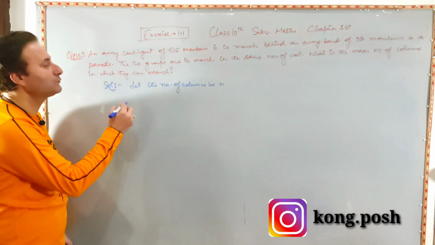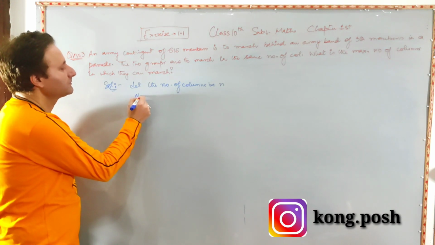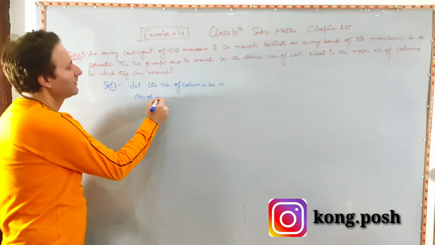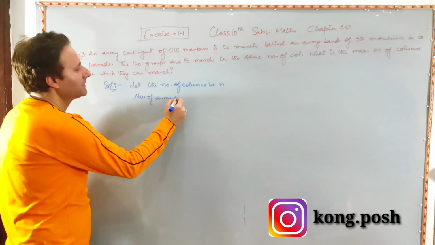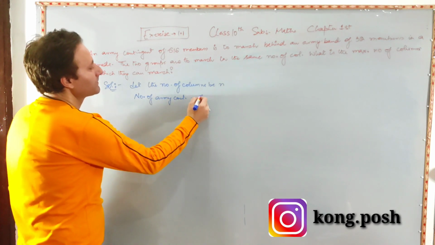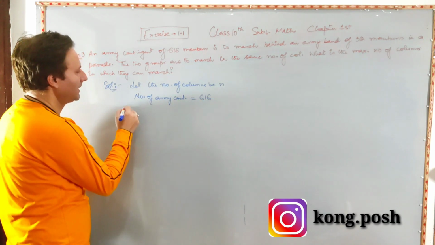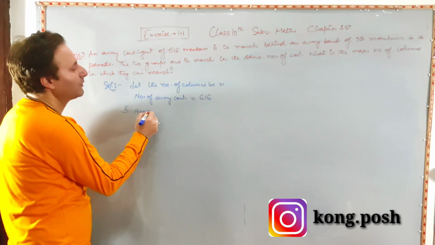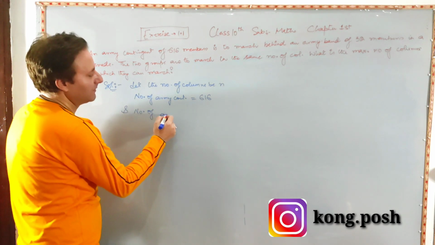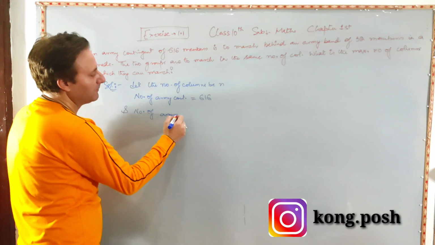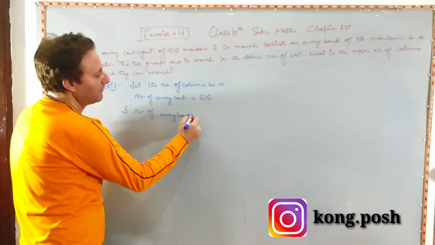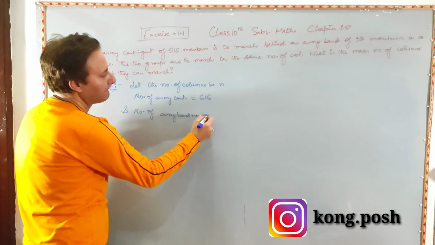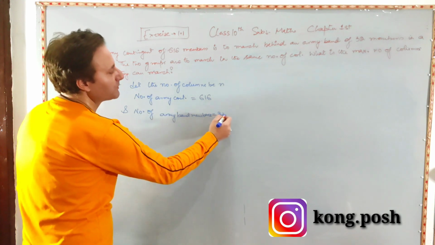Now we have two numbers, number of army contingents 616 and number of army band members. We have 32.